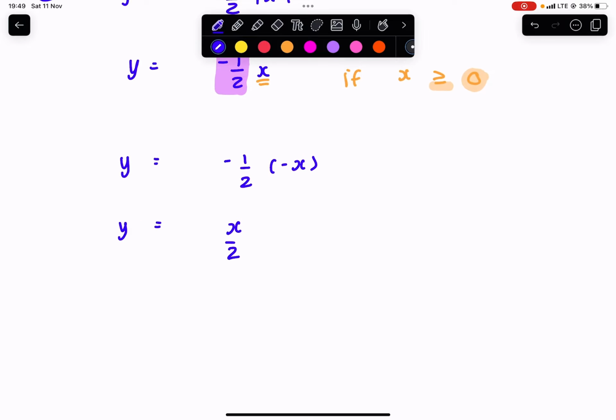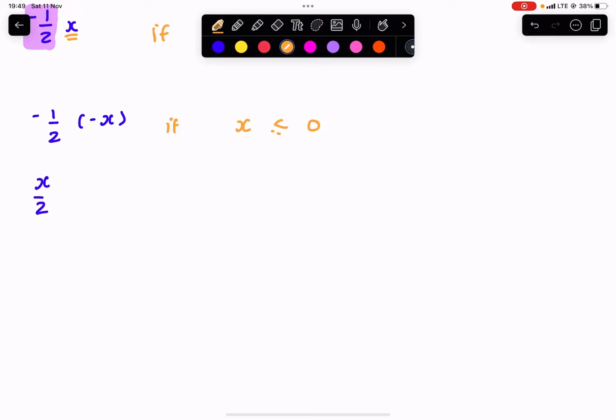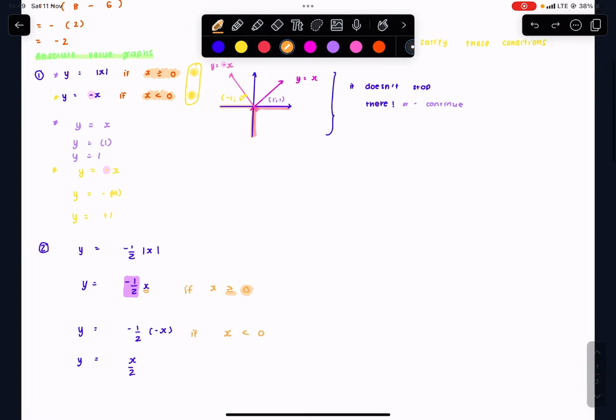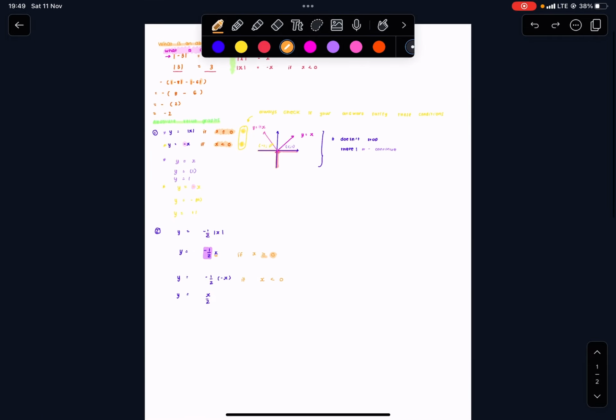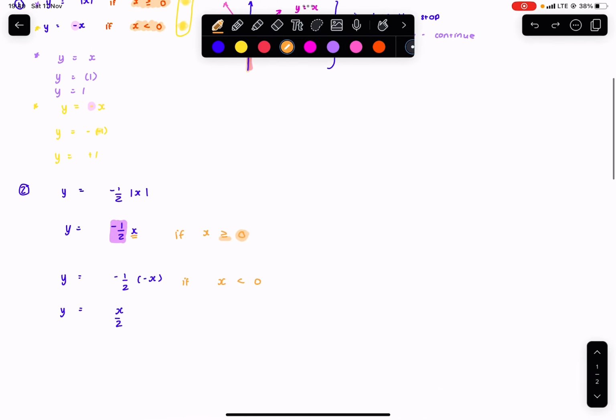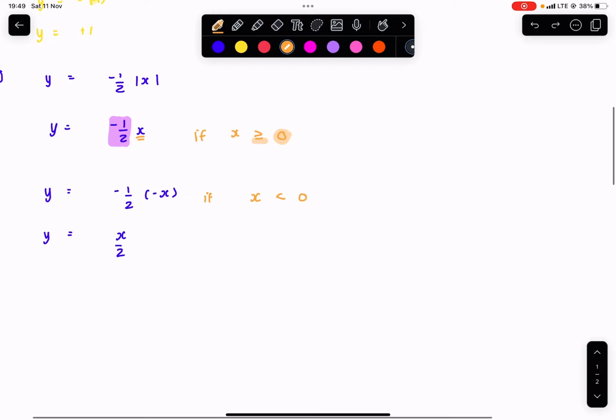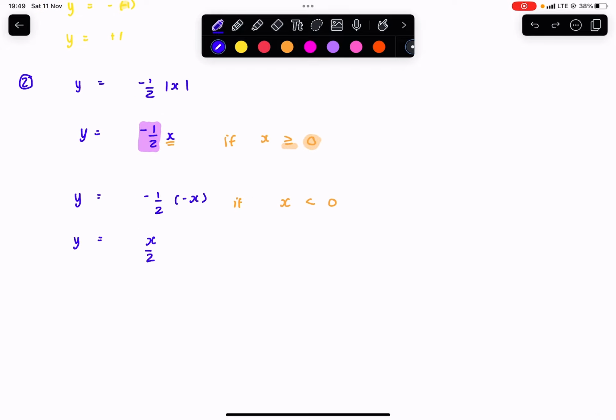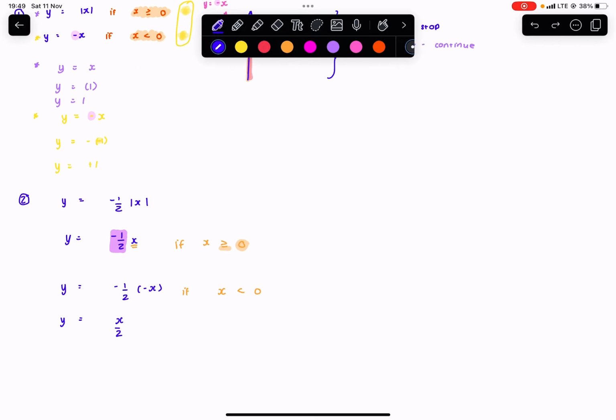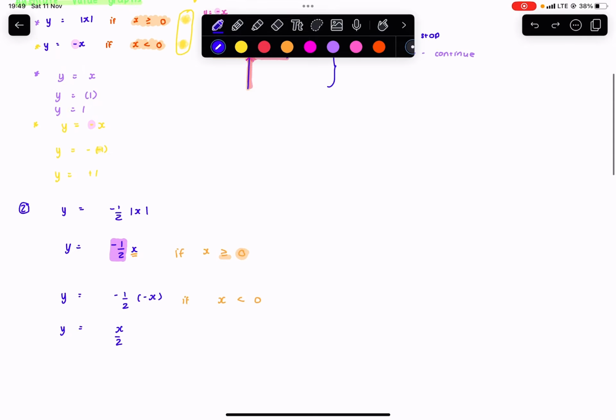The condition for that is if x is less than 0, and we don't include the equal to, because 0 can never be classified as a negative number. It is always considered positive. Cool. So now we have our two different equations, which will massively help us in formulating our absolute value graph.